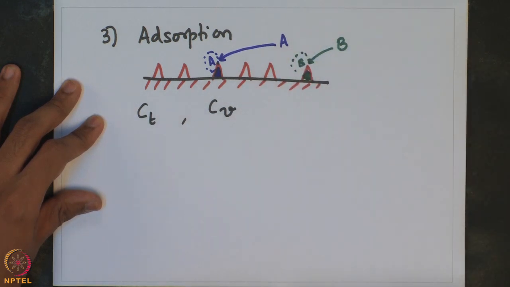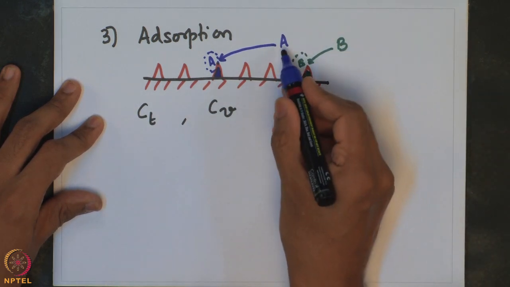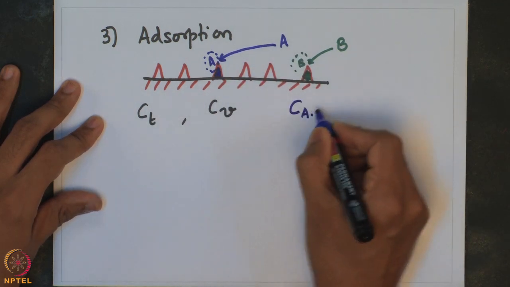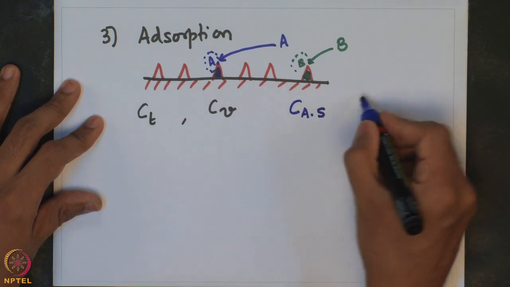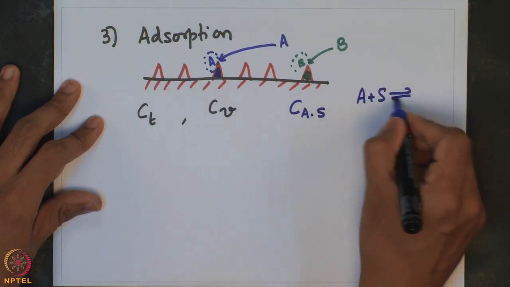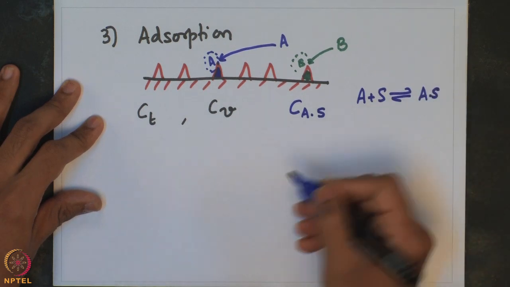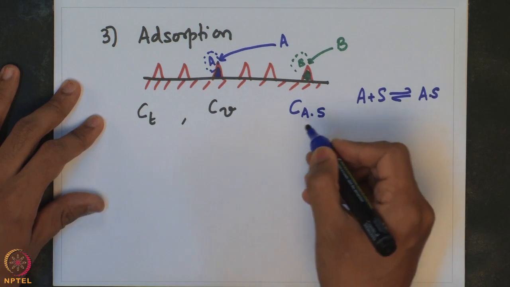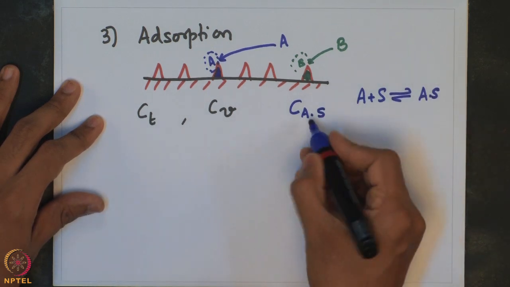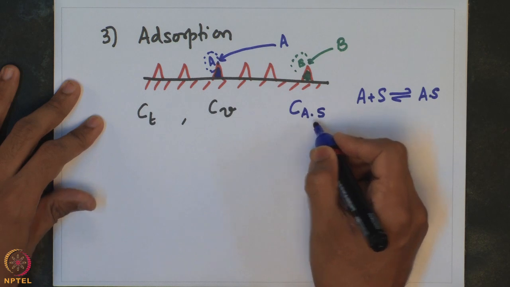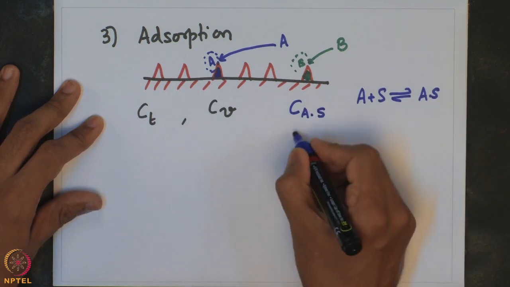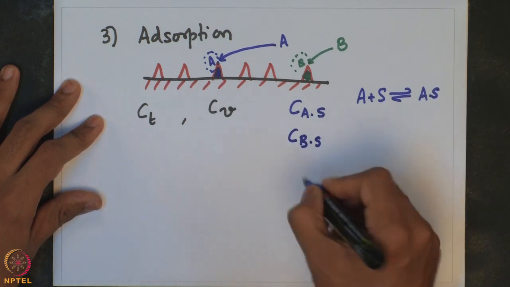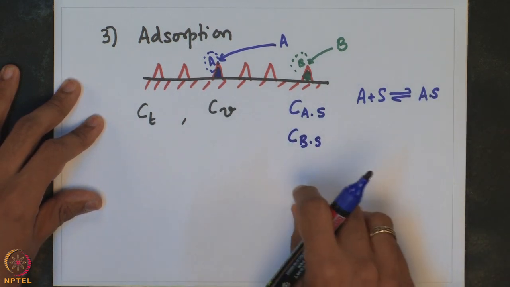So, let us define the concentration of species A sitting on the catalyst active site as CAS, where A plus S reversibly sits on the catalyst site. CAS is the concentration of the species adsorbed onto the vacant catalyst site, and CBS is the corresponding concentration of the species B adsorbed onto a catalyst site.